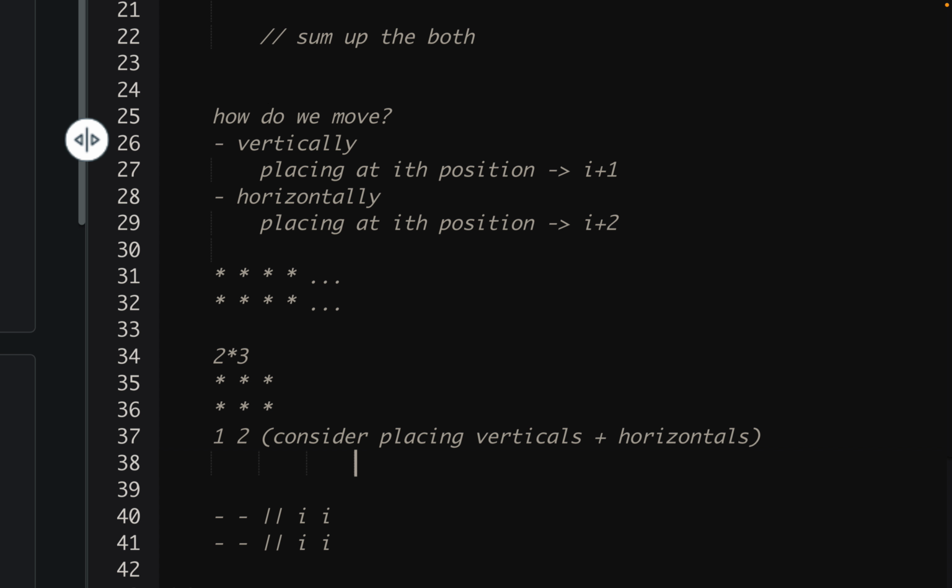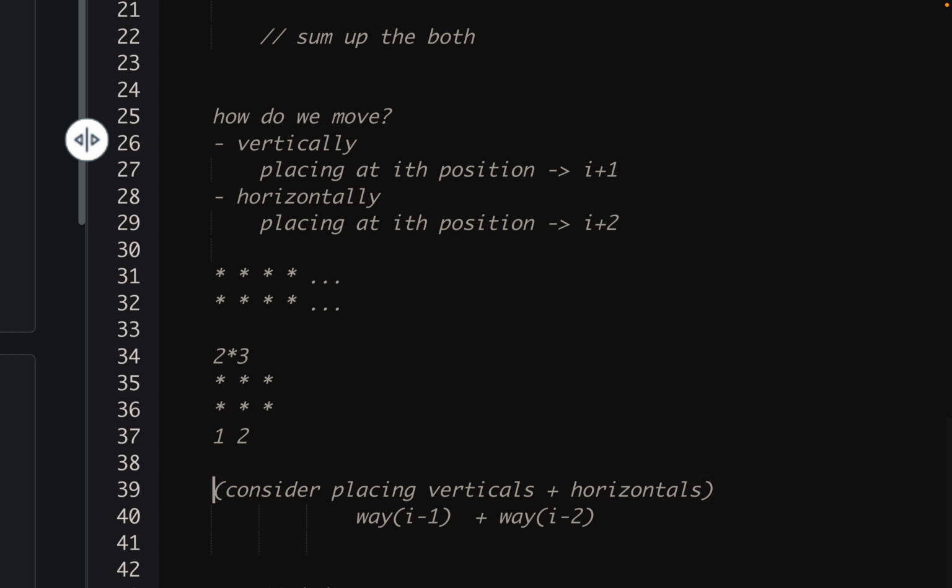So considering I minus 1 way of I minus 1 plus way of I minus 2. So this is very similar now, and I guess most of you have clicked the pattern right here, and hence we got the solution as 3.